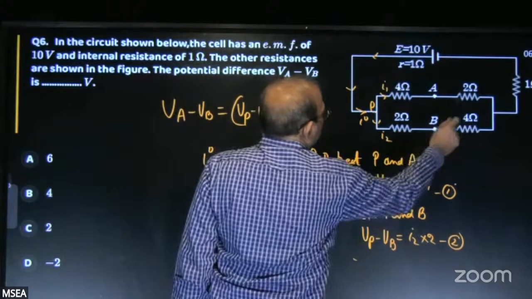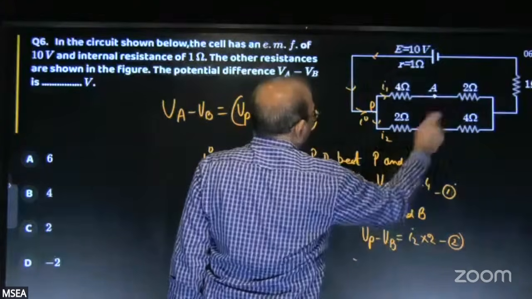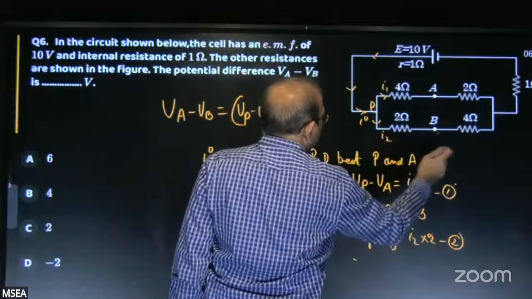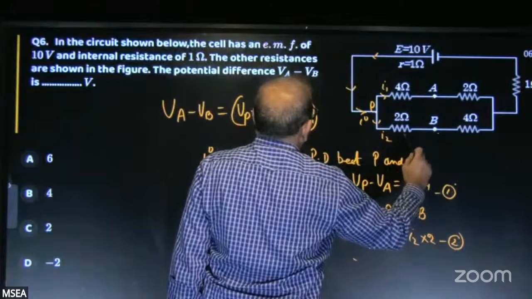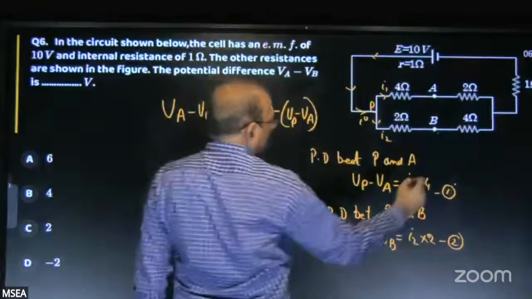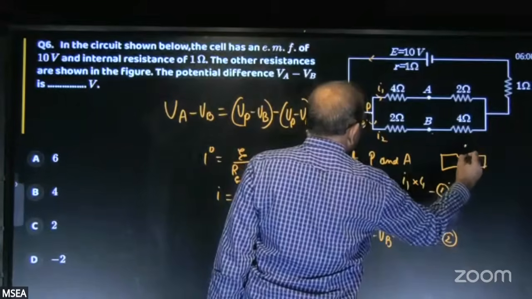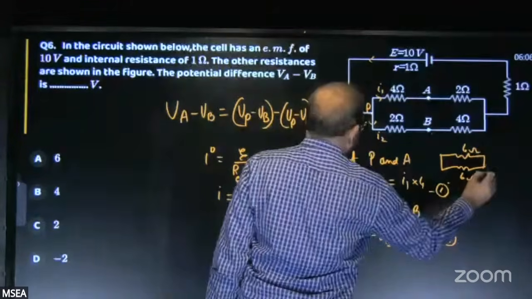This 4 and 2 are in series now, same current is there in them. 4 plus 2, 6. 2 plus 4, these two in series, again 6. 6 and 6 are in parallel.